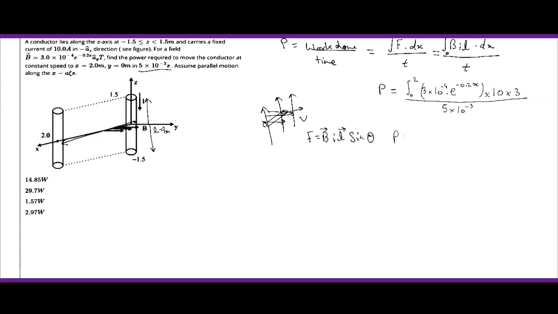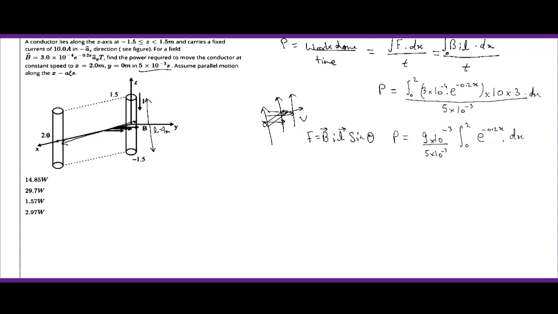So on solving, we are getting 9 × 10^-3 to be common, divided by 5 × 10^-3 to be common, and on integrating the remaining term from 0 to 2 limit, e^(-0.2x) dx.